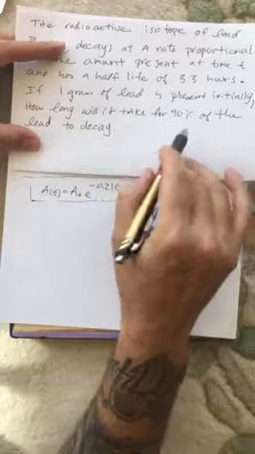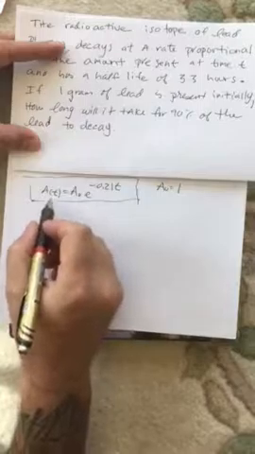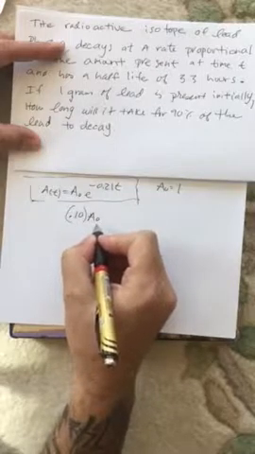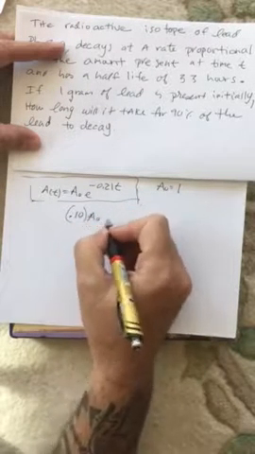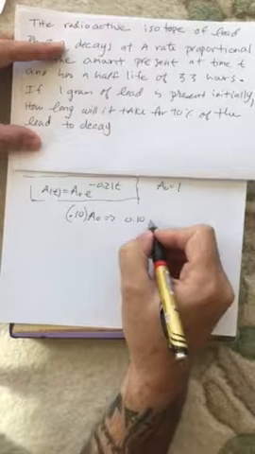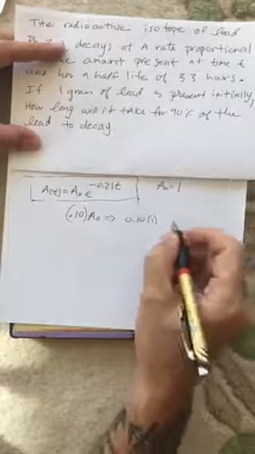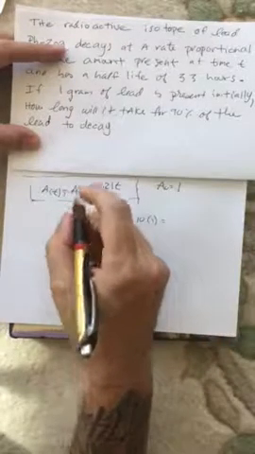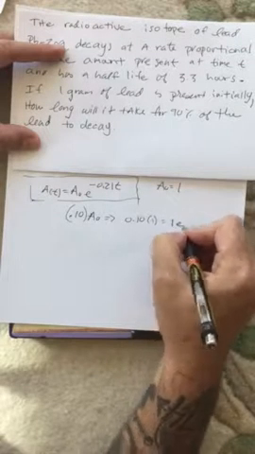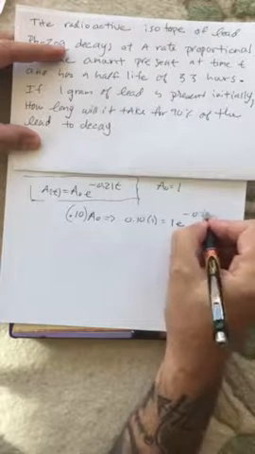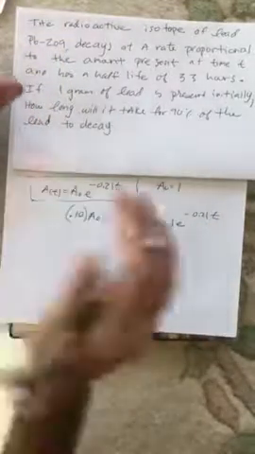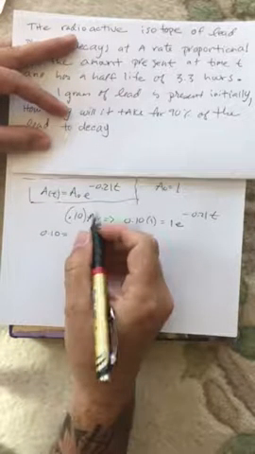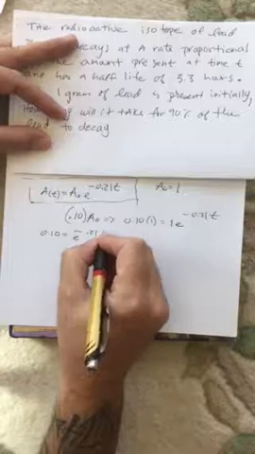If 90% of the lead decays, that means that there will be 0.10 times the original amount, which is just 1. So 0.10 times 1, that's how much will be left, equals A0, which would be 1, e to the negative 0.21 t. We're solving for time now. So 0.10 equals e to the negative 0.21 t.